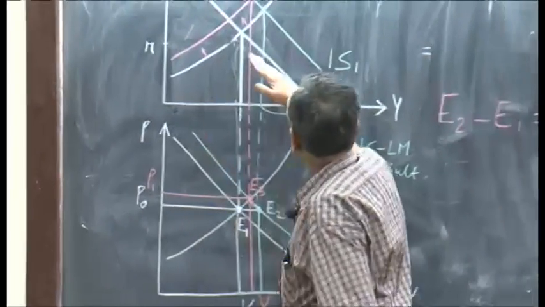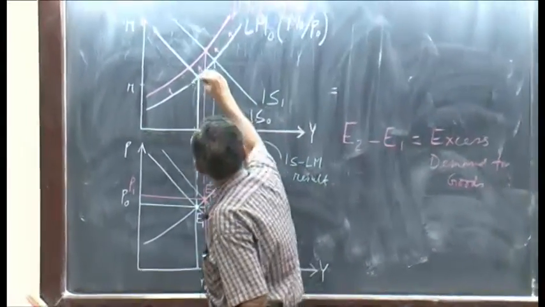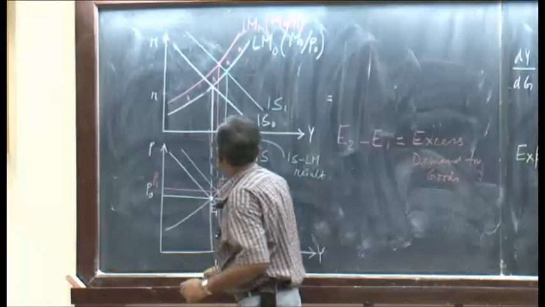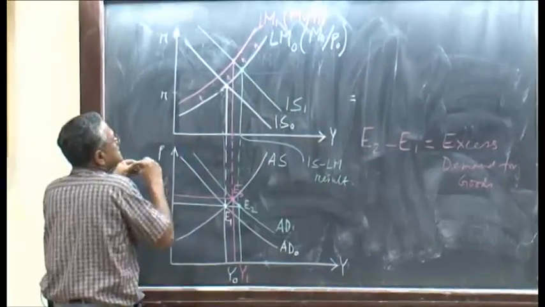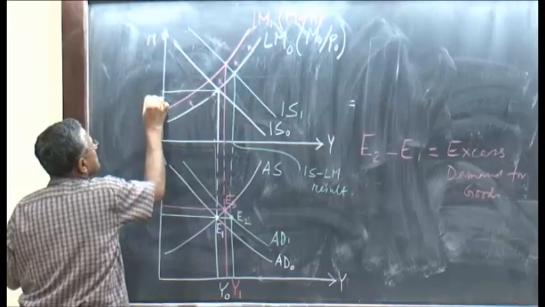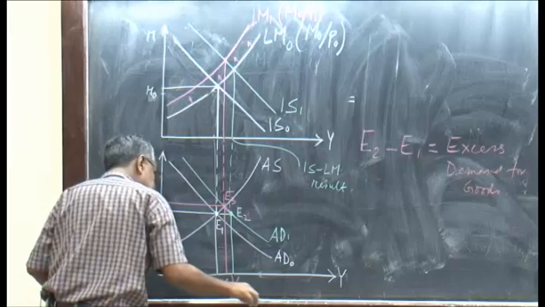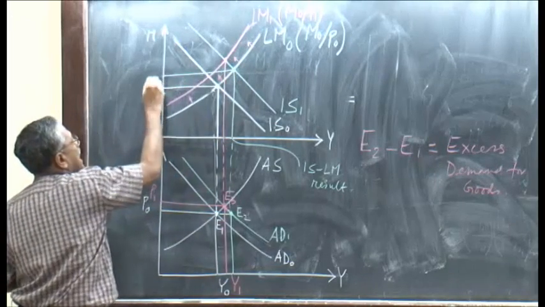Look at the ISLM diagram. First crowding out from this point to that point, from this point to the green point. We learned this crowding out. This is the rate of interest, which is say R naught, and this would have been the rate of interest, which is something, say R prime naught.